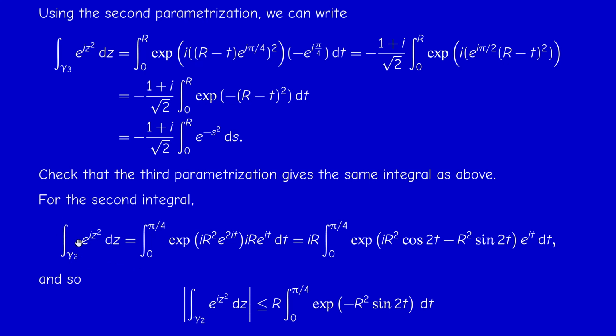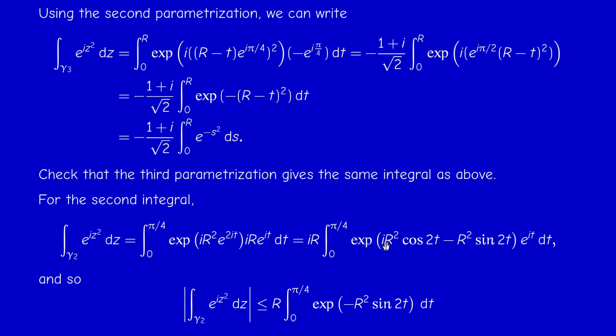The modulus of this expression is equal to the modulus of this constant, which is r, times the modulus of this integral. Once again, the modulus of the integral is less than the integral of the modulus. What is inside becomes the exponential of the real part, because the modulus of the imaginary part is 1. So e to the iy has norm 1, because it's cosine y plus i sine y.